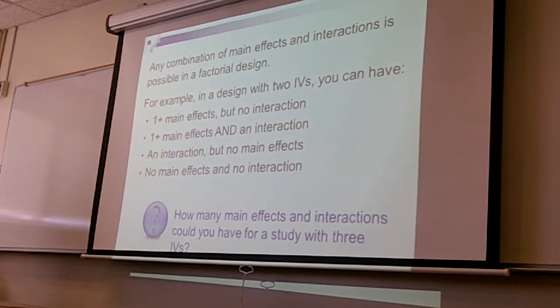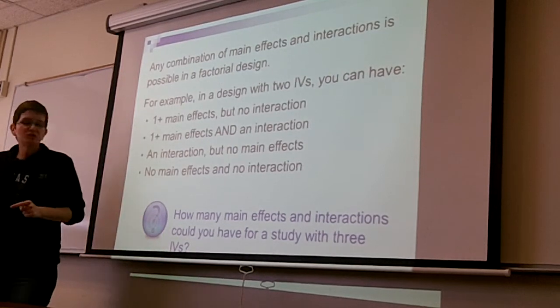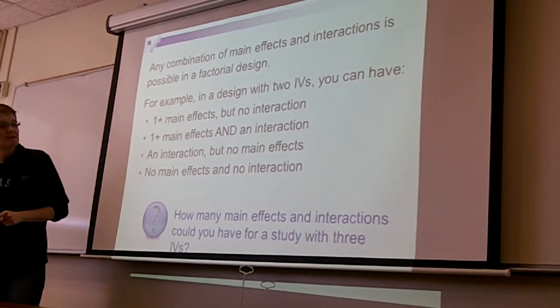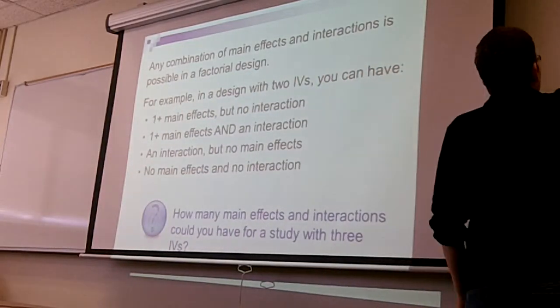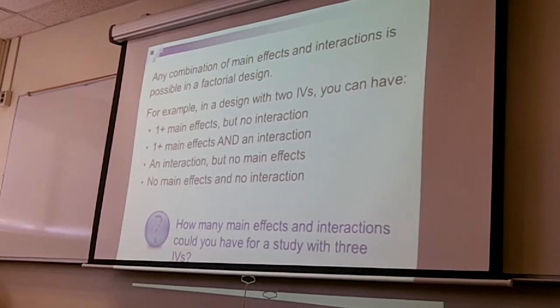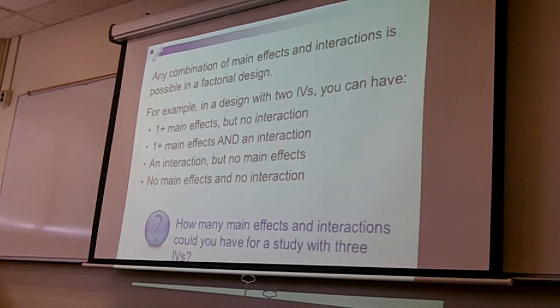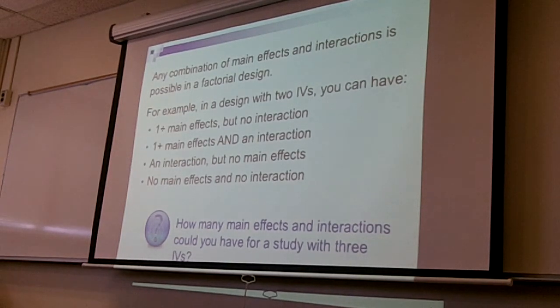So let me ask you a question. How many main effects and interactions could you have if a study had 3 IVs? So you've got IV1, IV2, and IV3. How many main effects can you have? And why?